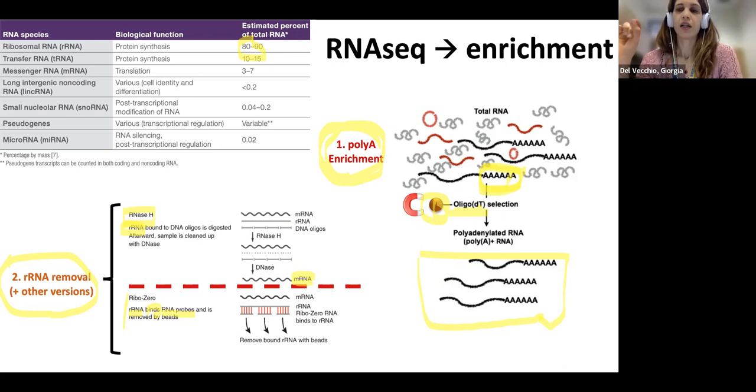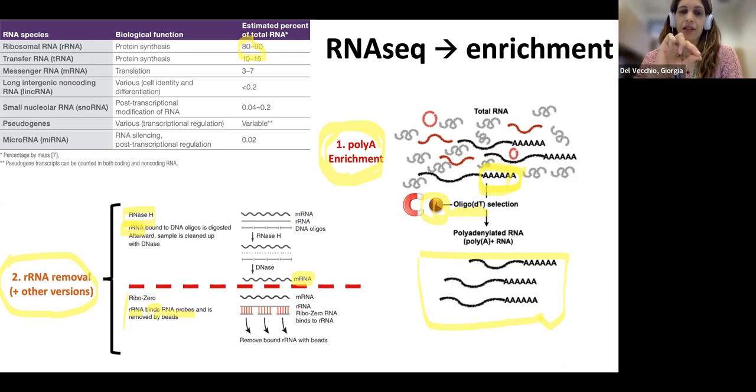So the only way to look at the long non-coding RNA and remove the ribosomal contamination is to use the ribosomal RNA removal approach because the long non-coding RNA, they don't have the poly A. So if you perform a poly A enrichment, you will also remove the long non-coding. While if you want to look at the messenger RNA and the long non-coding RNA together, your only option is the ribosomal RNA removal.